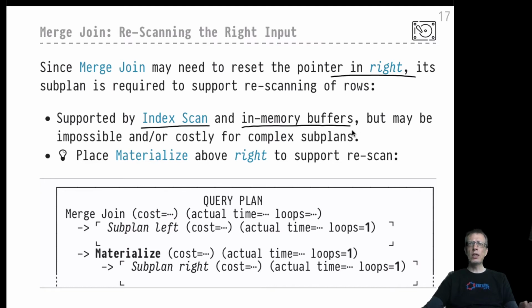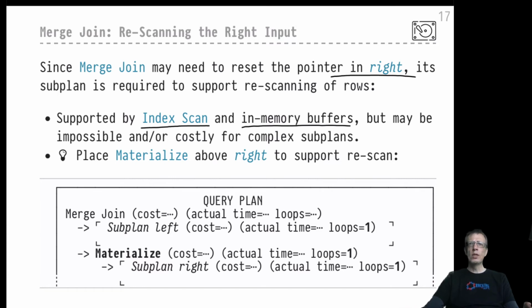So index scans and such in-memory buffers, maybe resulting from a quicksort operation, can support such resetting of the right-hand side input pointer. If the subplan otherwise cannot support such a resetting, then the system has to make sure to establish the resetting ability in some other way.